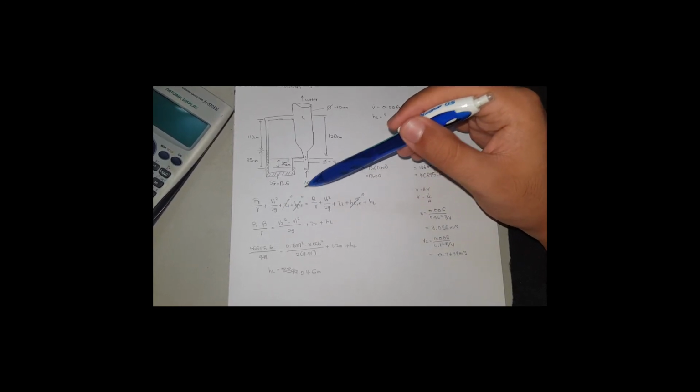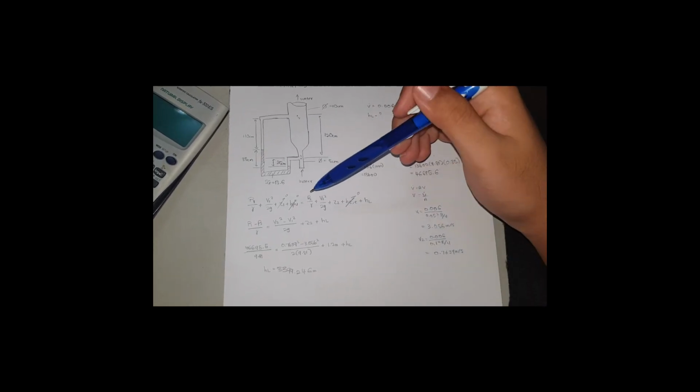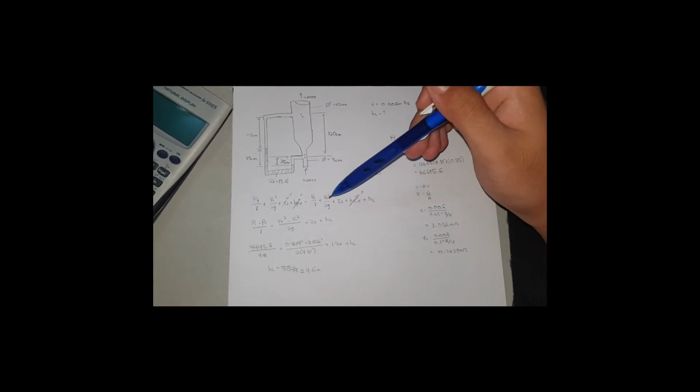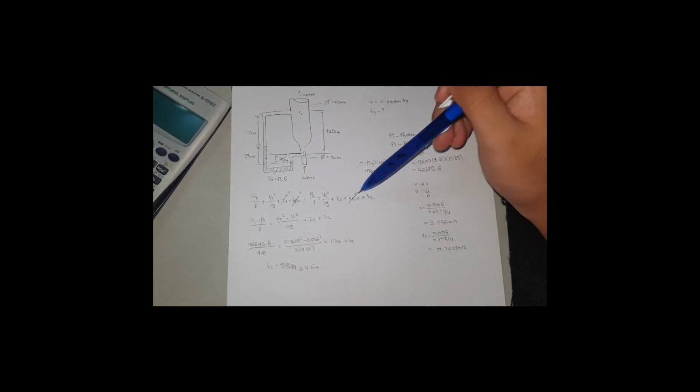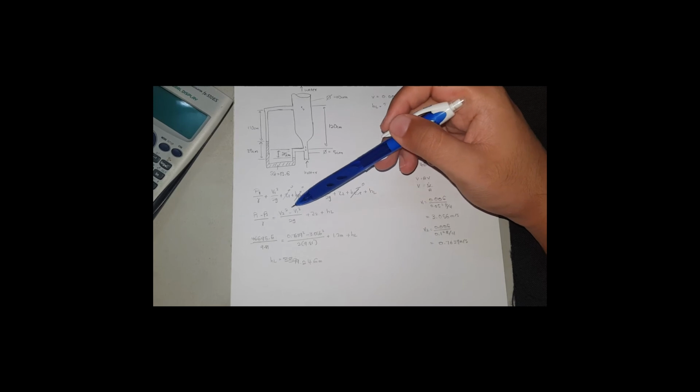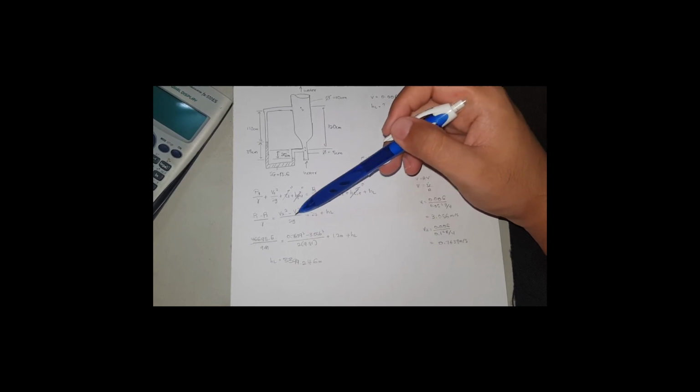Obviously z1, because it's the datum line, where everything is started, and also h pump, because there is no pump, and h turbine, because there is no turbine. So from the equation we combine it up: p1 minus p2 over gamma equal to v2 square minus v1 square over 2g plus z2 plus head loss.